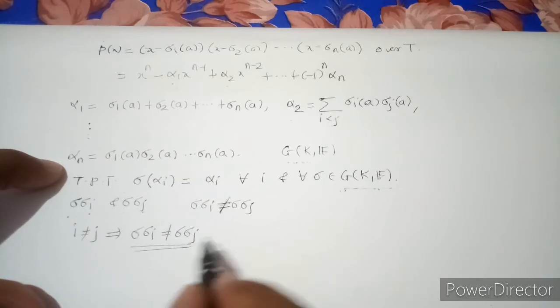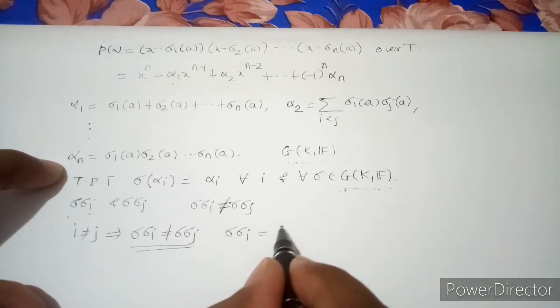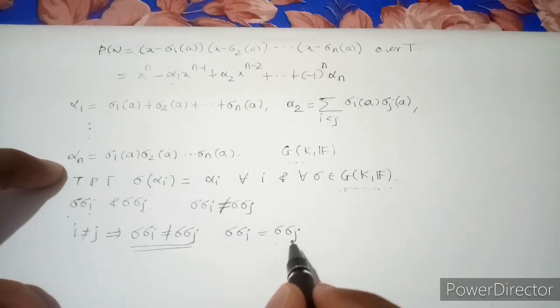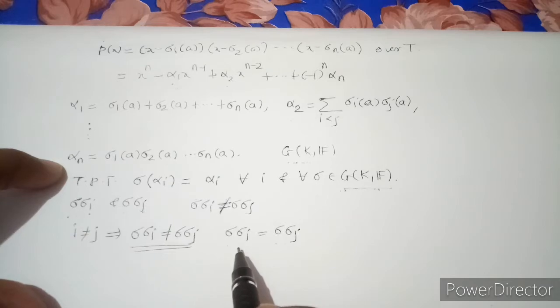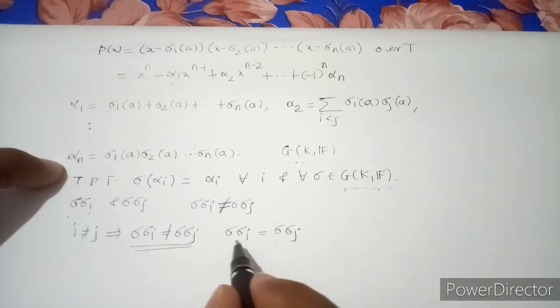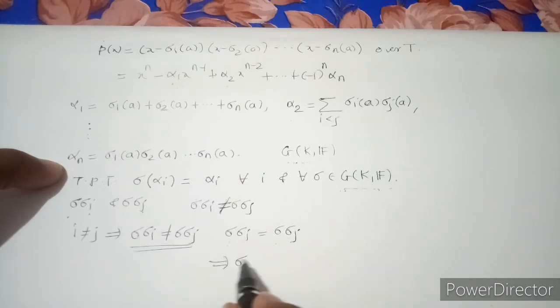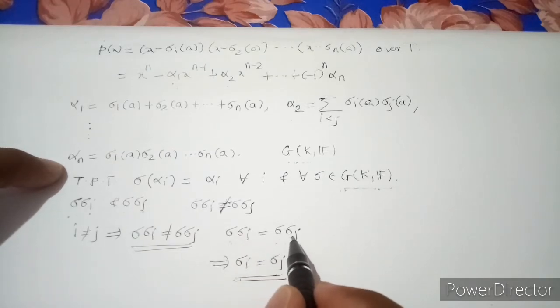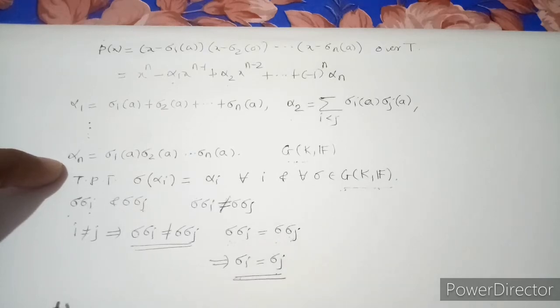Suppose on the contrary that sigma sigma i is equal to sigma sigma j, but these are elements of the group, and in the group we know that the left and right cancellation laws hold. So by the left cancellation law I can cancel this sigma, so what I get is sigma i is equal to sigma j, but this is a contradiction to our assumption that sigma i and sigma j are distinct. So sigma into sigma i and sigma into sigma j have to be distinct whenever i is not equal to j.